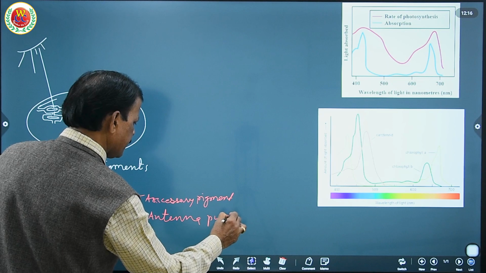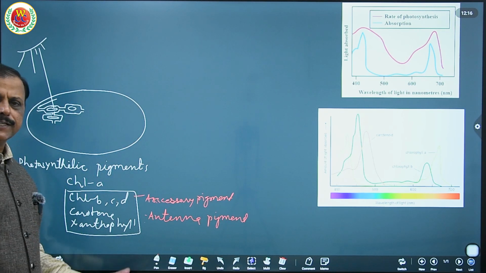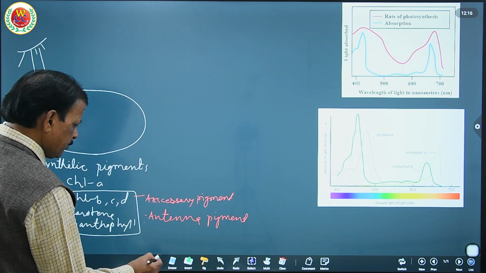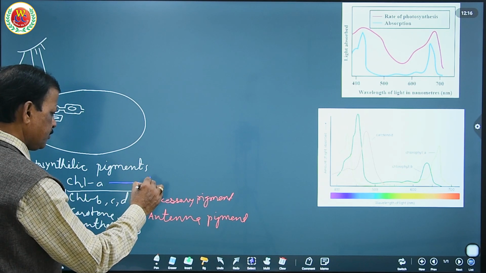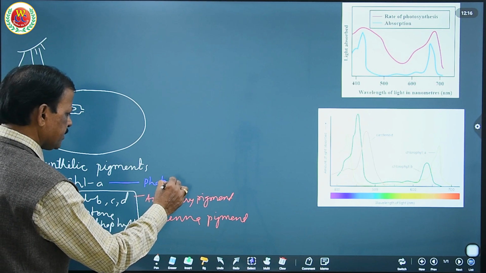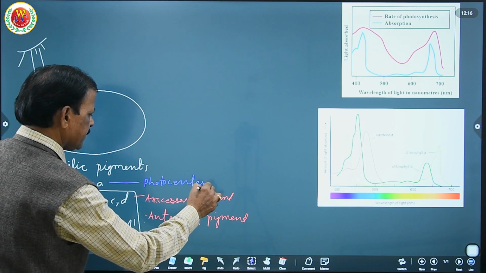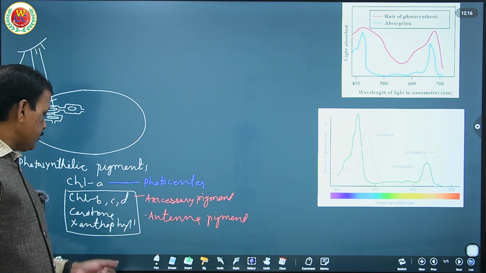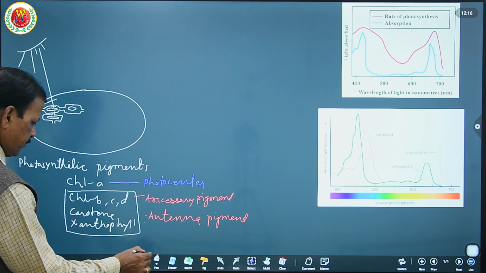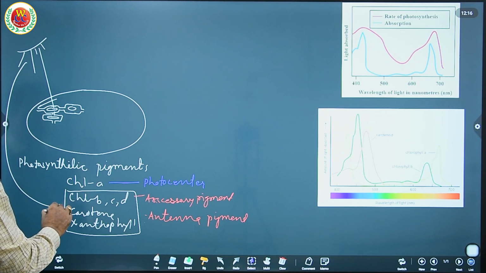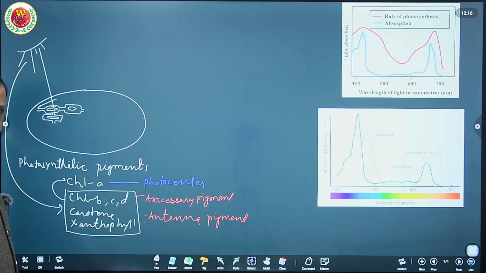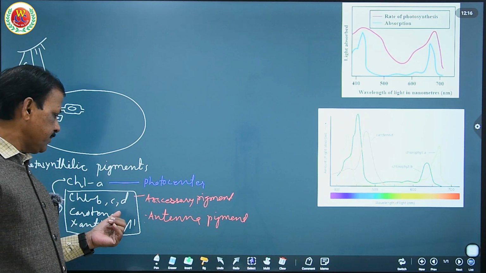Why is this so? Because they cannot convert light energy into chemical energy. Only chlorophyll A can convert light energy into chemical energy, hence it is called the photocenter. The rest of the other pigments absorb the light energy and transfer it to chlorophyll A, but cannot convert light energy into chemical energy.